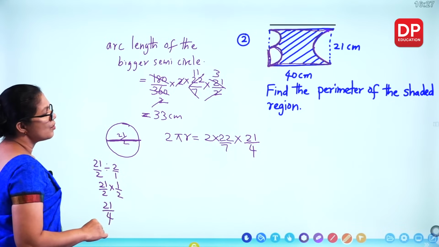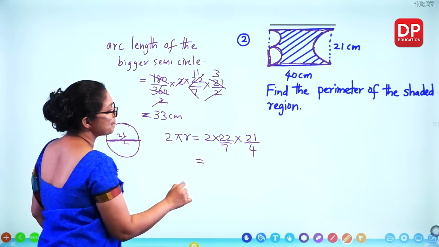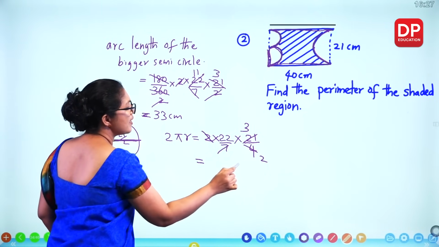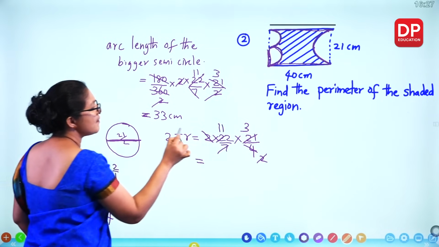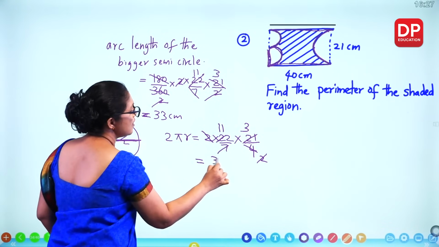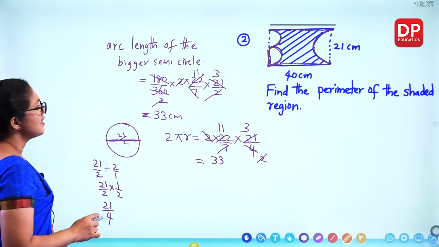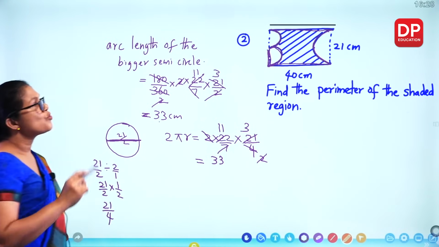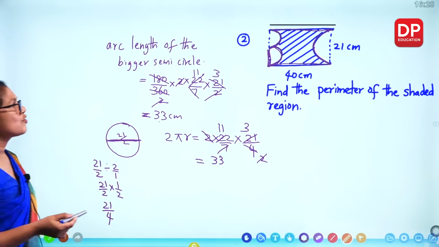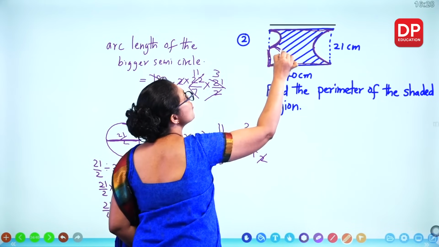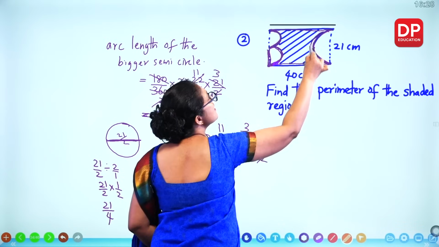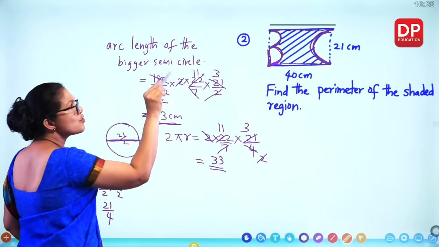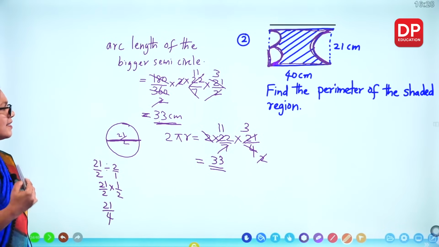So here, what's the radius? 21/4. Now, try to simplify this. 7 times 21, you get 3. 2 with this 4, you get 2 again. Divide by 2, you get 11. So, what is 11 times 3? You get 33. What can you see? These are two circles inside a rectangle. So when you are dividing these two together, it's the same as this side. Can you see? You got the arc length 33. Here also 2 semicircles, you get 33.